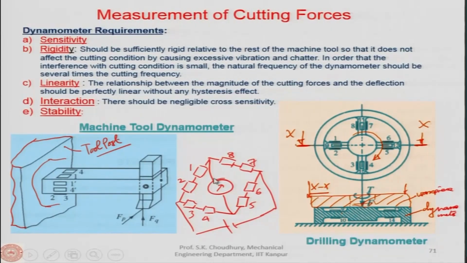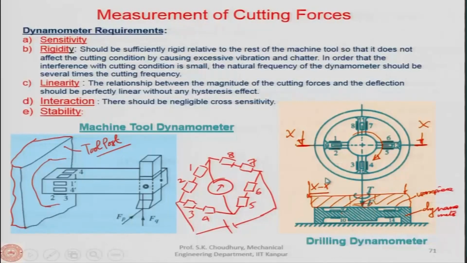Now, when the dynamometer will have the piezoelectric elements, of course, these elements will be connected to the preamplifier initially, output of the piezoelectric elements, and after the preamplifier it will be amplified, and that signal normally goes into the personal computer, laptop or a PC, and in the PC you can actually see the curve which will show you on each axis fx, fy, fz how the forces are varying with cutting time.